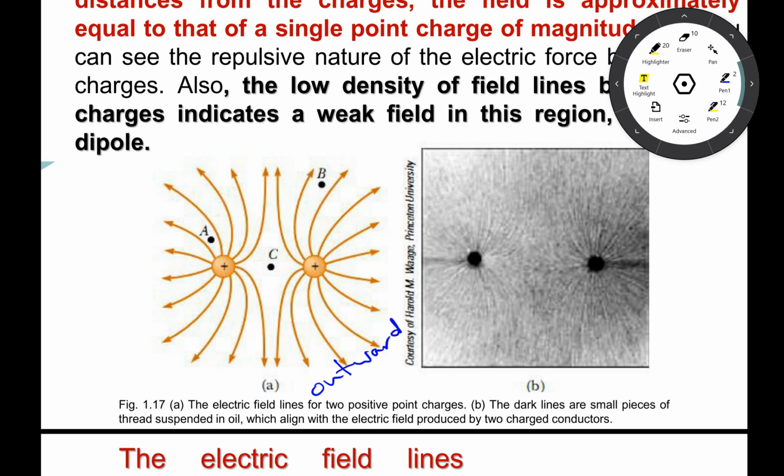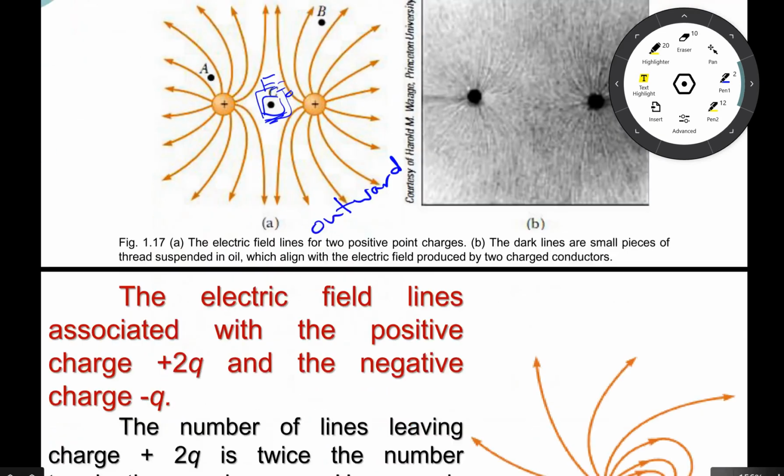And at region C, somewhere in the middle between the two positive charges, the field lines cancel each other, so there are no field lines here, because the field here is actually equal to 0 at point C.